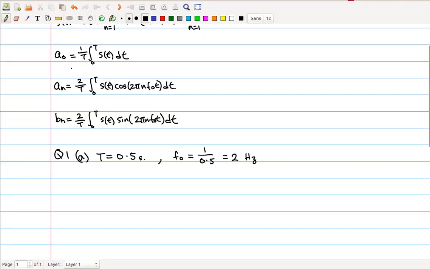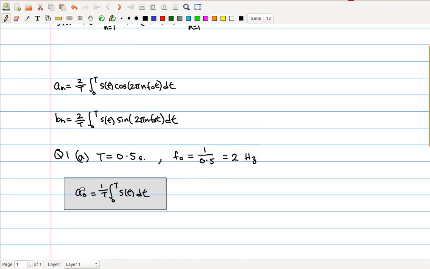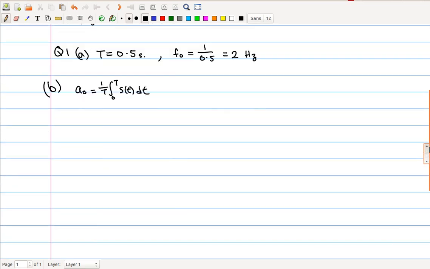A0, I've written up here, the definition. Take some time just to calculate this particular expression. Now, our S of t might look tricky because it's not a continuous function, it's piecewise.